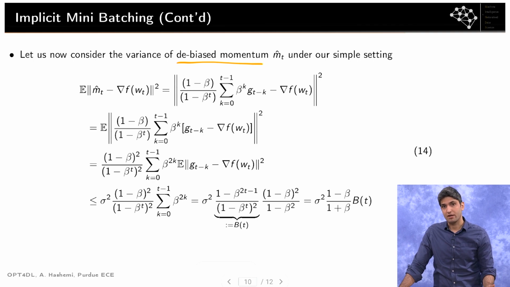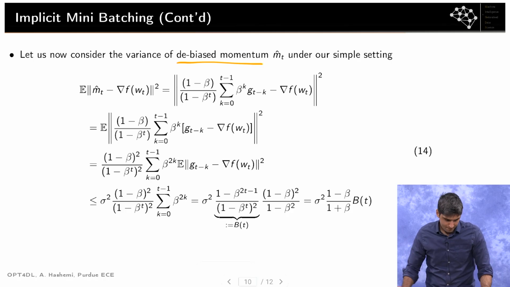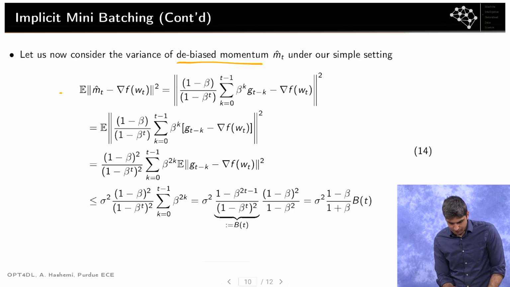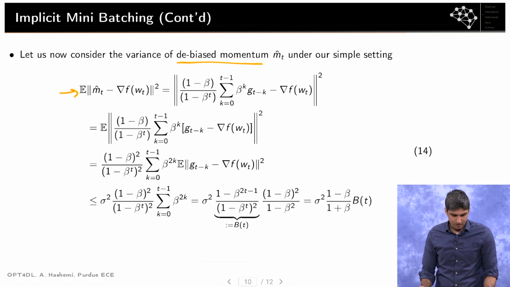And we also assume that the stochastic gradients are independent. Under these assumptions, the variance is the expected norm difference of the momentum, here the debiased version, minus the true gradient. We can plug in the definition of m hat to arrive at this equation.